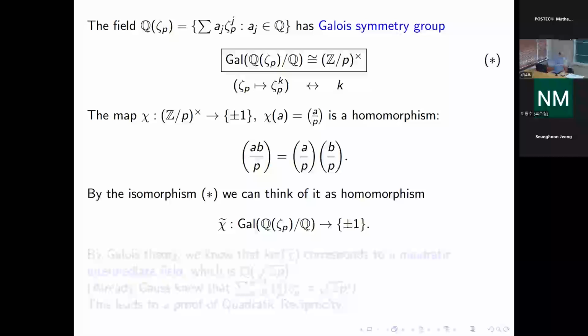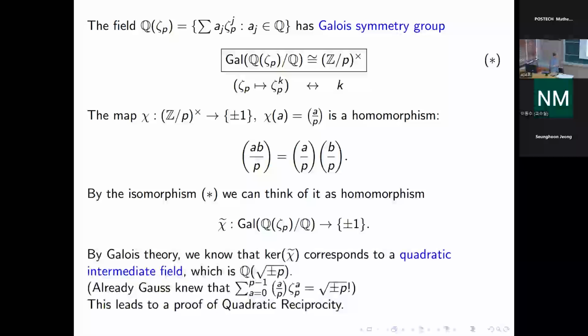And even though it seemed we didn't do anything complicated, this is actually giving us new insight into this problem, because of the kernel of this homomorphism: half the elements are sent to 1 and half are sent to -1. And the elements that are sent to 1 form a subgroup in this Galois group, which by Galois theory determines a quadratic extension lying between Q and Q(zeta p).